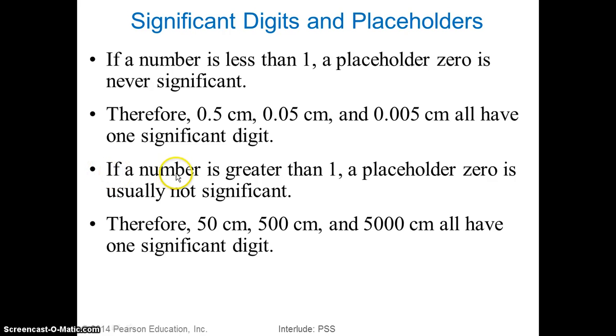Now, if a number is greater than 1, a placeholder 0 is usually not a significant figure. Therefore, 50 centimeter, 500 centimeter and 5000 centimeter all have one significant digit. That way we can count significant digits if a number is less than 1 or greater than 1.